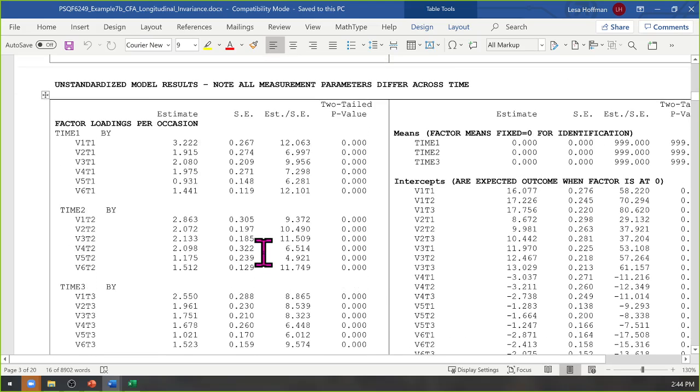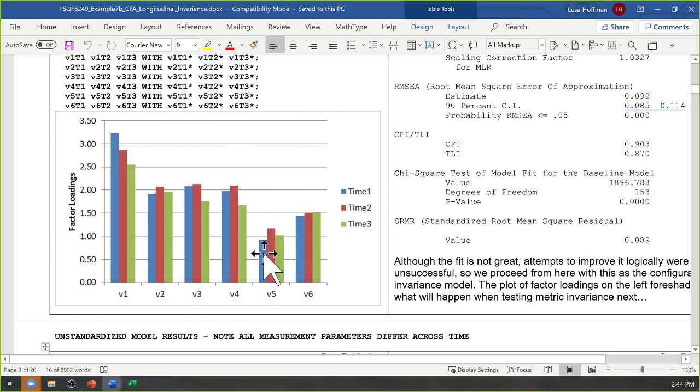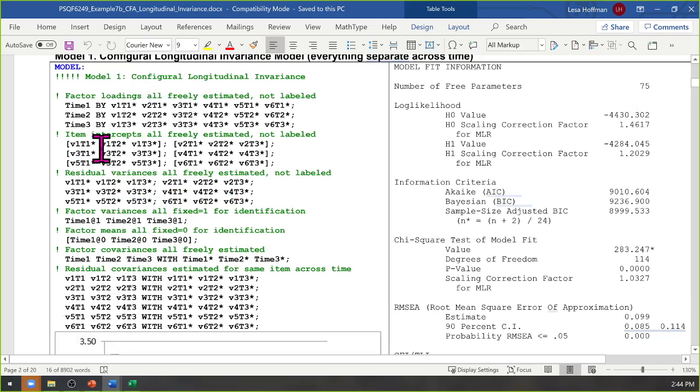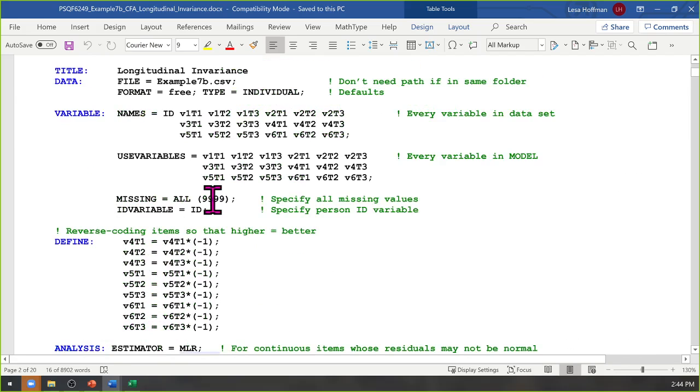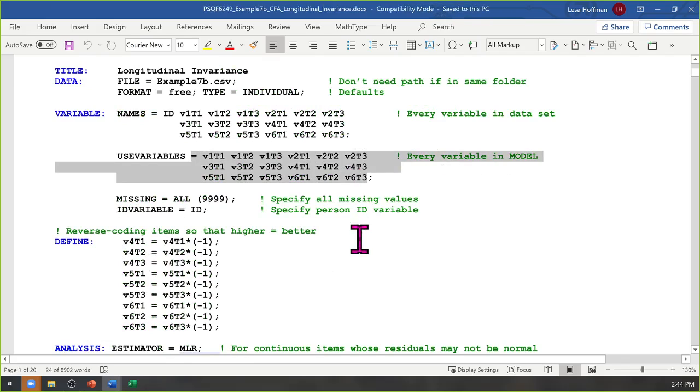Oh, no. So the order for the intercepts is the order in which they appear on your use variable line. M+ puts its own order on things in terms of which parameters it puts out first. It has nothing to do with what you write, which is one of the more infuriating things about the output. So if you want to change the order, you change how they're listed on the use variable line.